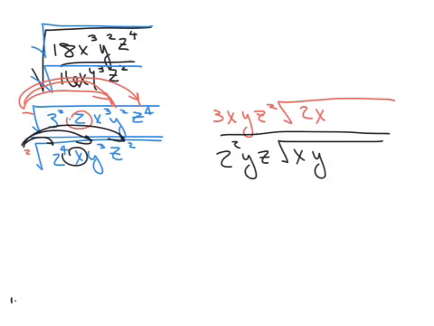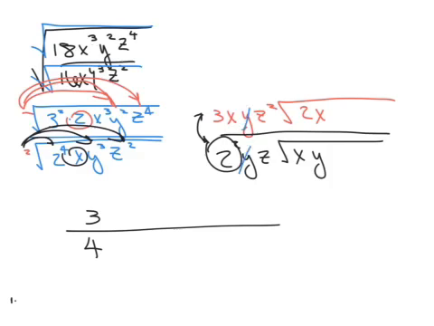Alright, so let's see what I can do here. This 3, nothing happens to it, because I'm looking at going across the line here and reducing. And this here is a 4. 3/4 can't be reduced. I do have a y here and a y here that can be canceled.